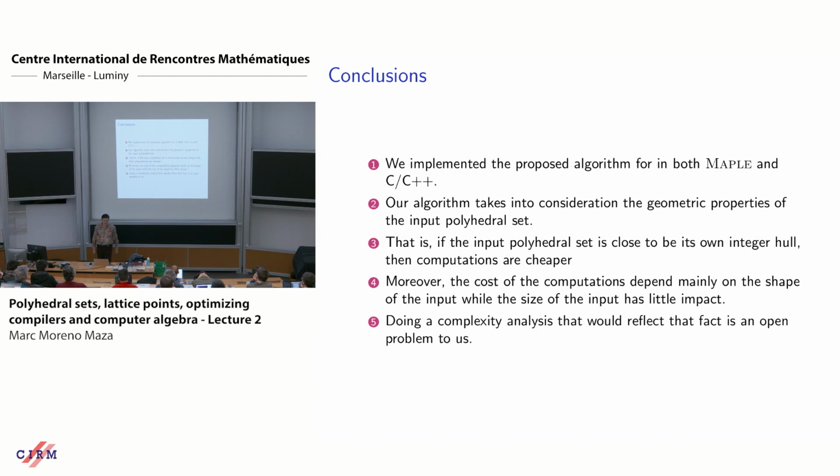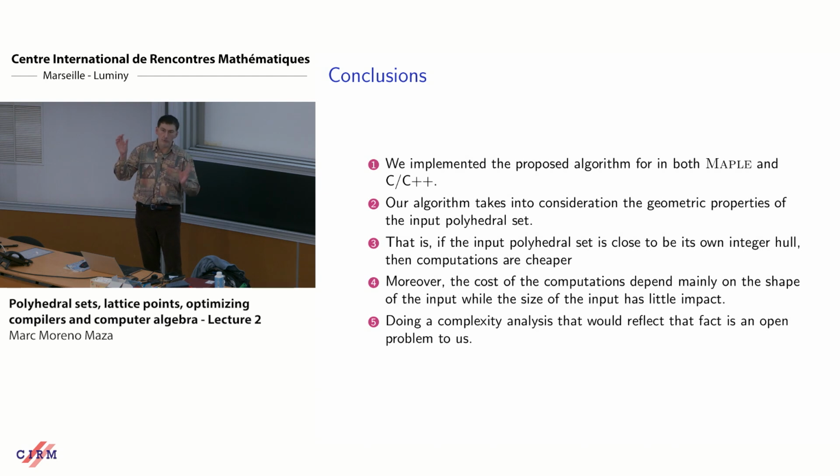Okay, so what I've said is essentially in this conclusion. The idea was really to design an algorithm that takes into account the geometry of the input polyhedron. In particular, if the integer hull of that polyhedron is relatively close to the polyhedron, that is, you already have many integer vertices, then the algorithm should be cheap.